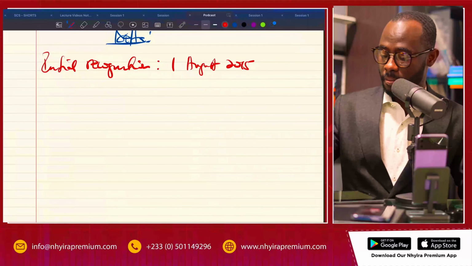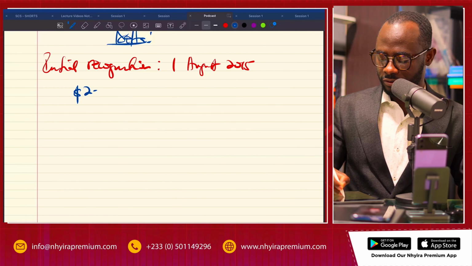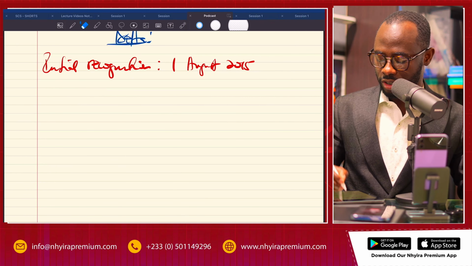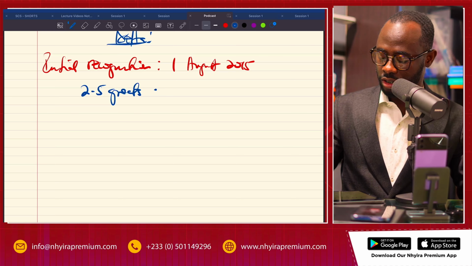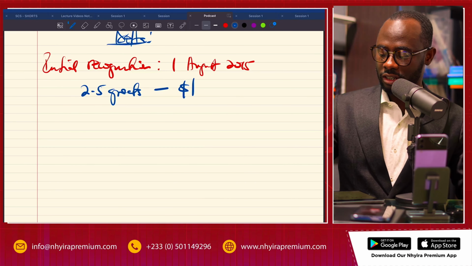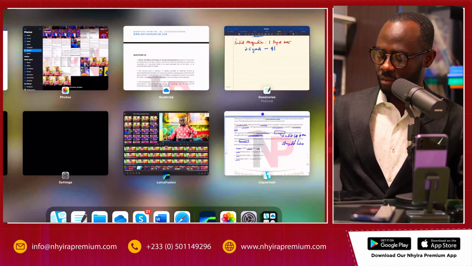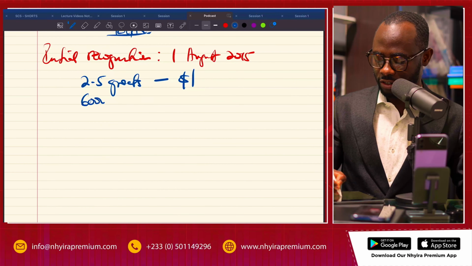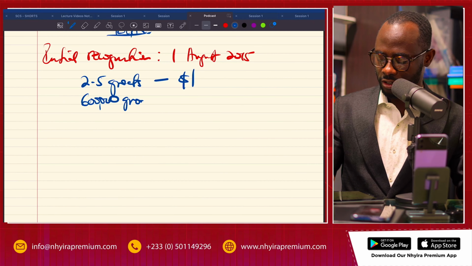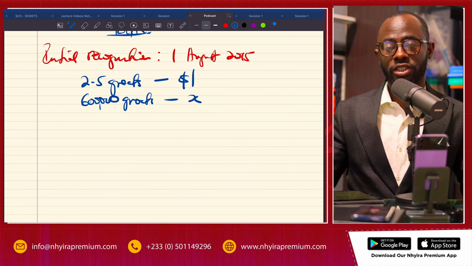So if 2.5 groats is $1, then the cost of the machine was 600,000 groats. So 600,000 groats will be how much in dollars?